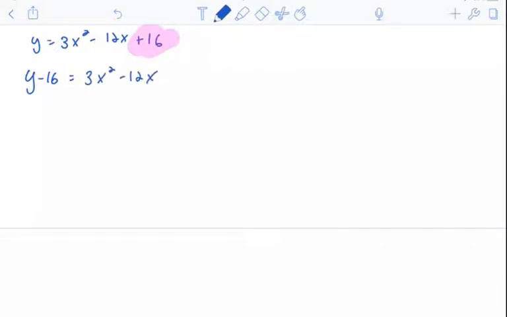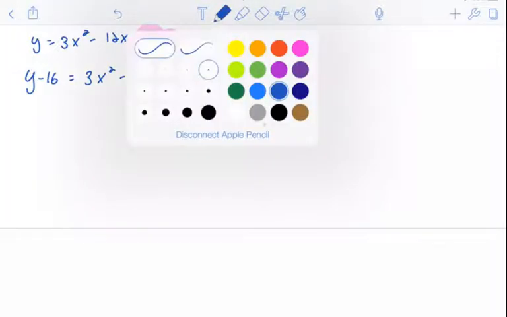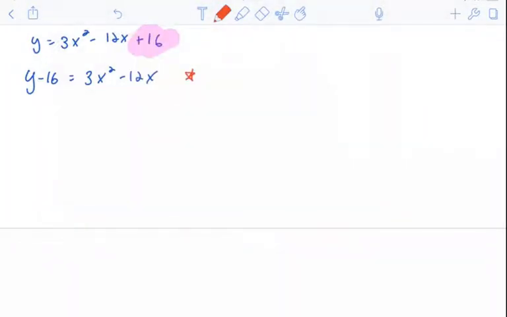Now, before we complete the square, I know you want to complete the square. Here's the trick. See this coefficient in front of the x squared? I'm going to divide both sides by that number. This is a hack.